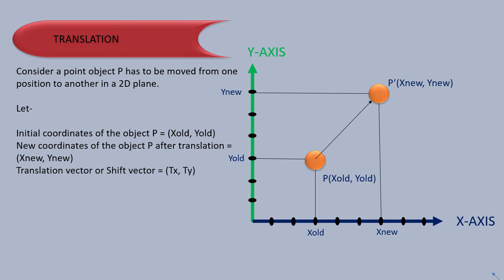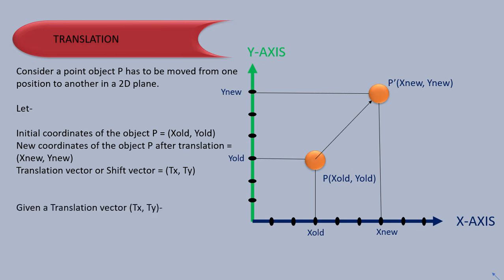The change along the x-axis is defined as tx, and the change along the y-axis is called ty. So translation along the x-axis is the translation vector or shift vector tx, and translation along the y-axis is the shift vector ty.